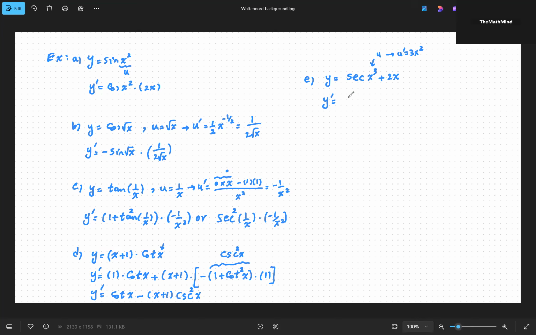The derivative of secant u is going to be secant u tan u. So it's going to be secant x cubed times tan x cubed, and then multiplied by u prime. This is just the derivative of secant, and then plus the derivative of 2x, which is 2.